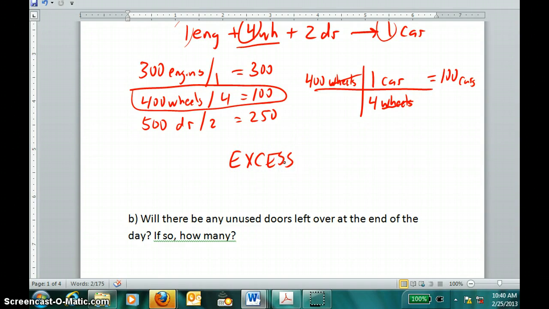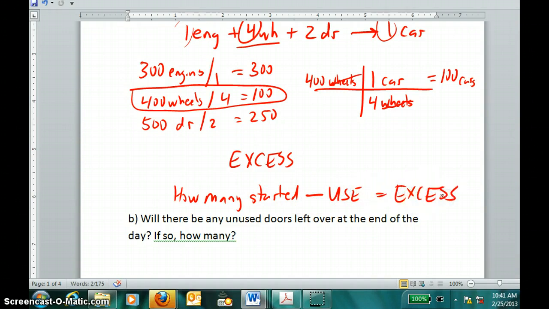To calculate the excess, I need to know how many I started with, and then figure out how many I use, because the excess is the difference. Take what you start with, say I go to the store with 20 bucks, and subtract what you use, say I spend 15, then my excess would be 5 bucks, $5.